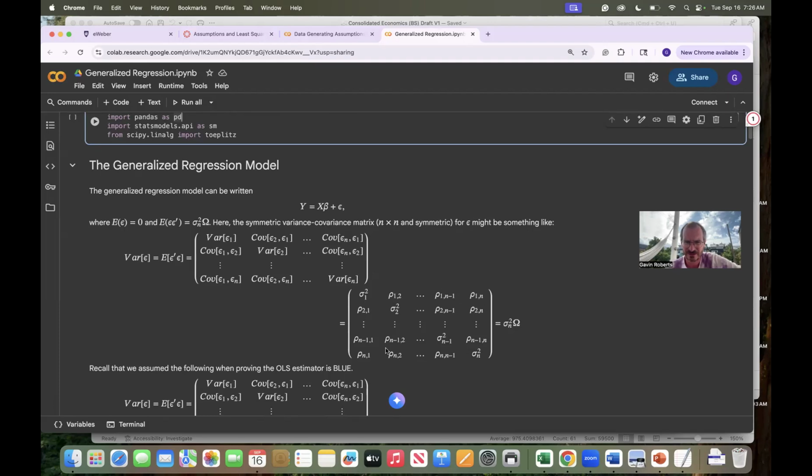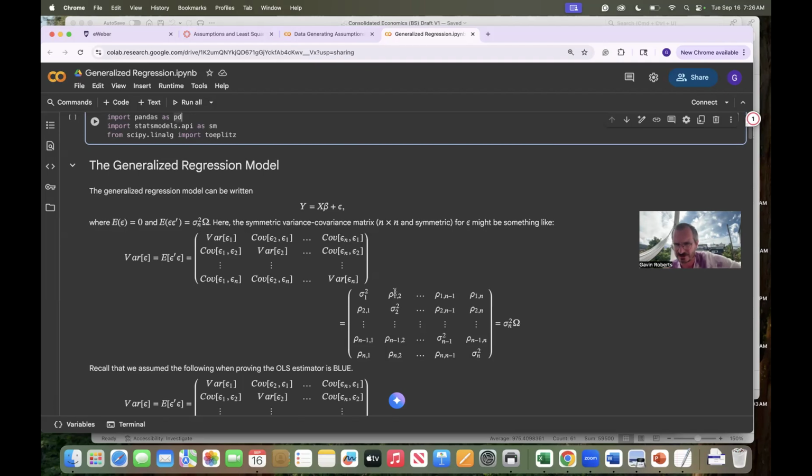Similarly, on the off diagonals we no longer have zeros, but we have a rho. So rho 1,2 would be the covariance between the first error term and the second error term in our model. Over here, we'd have the covariance between the first error term and the nth error term. When these are not zeros, that's autocorrelation. When these are not the same, that's heteroscedasticity.